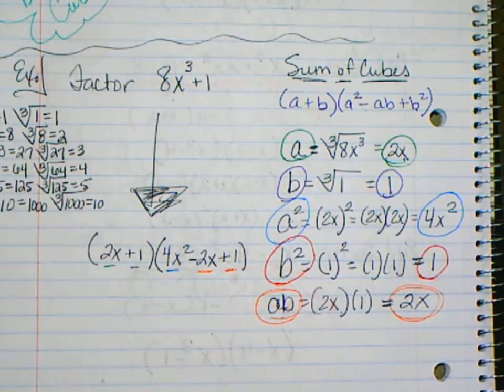And that's factored. It's not solved, but it's factored. If I were going to solve it, how many solutions would I have? 3. Good.